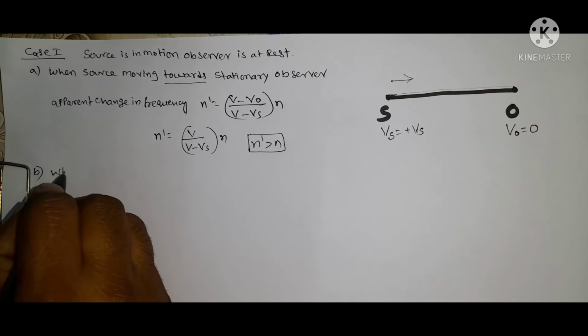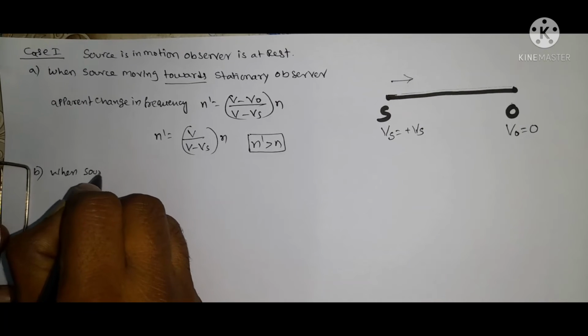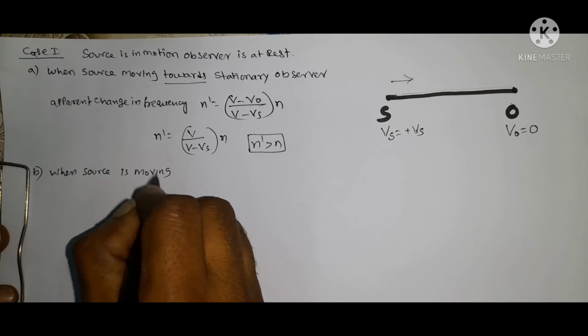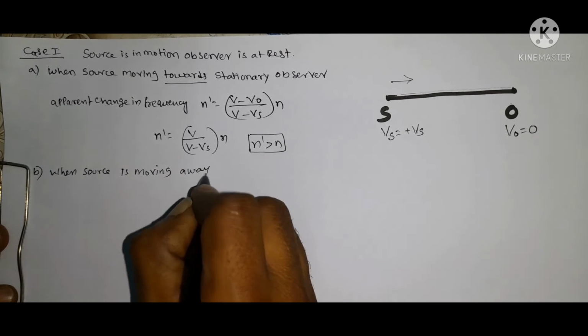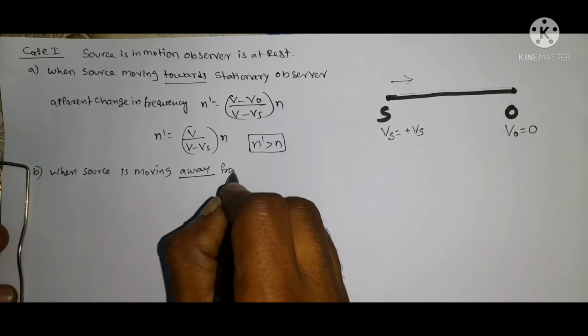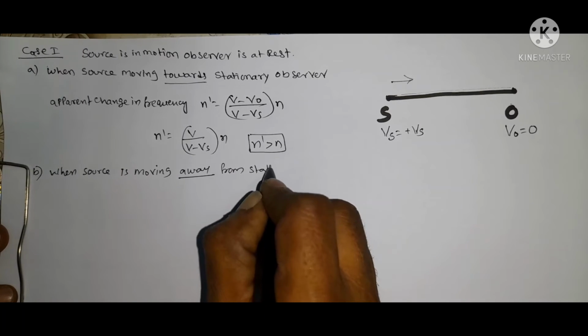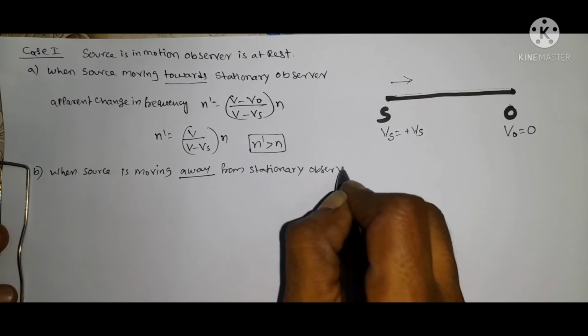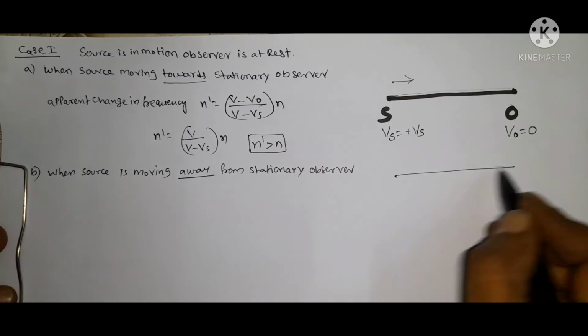Next, in case B, in place of towards you can use away from. So when the source is moving away from a stationary observer, again draw the line.